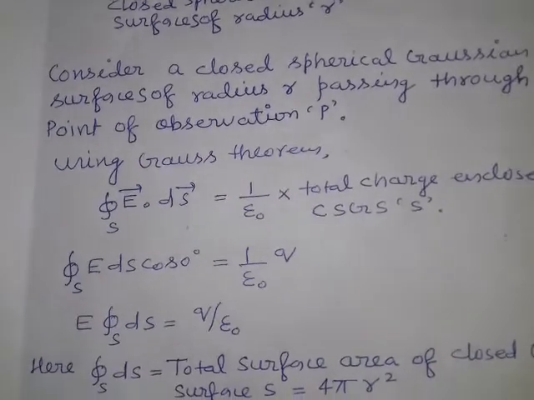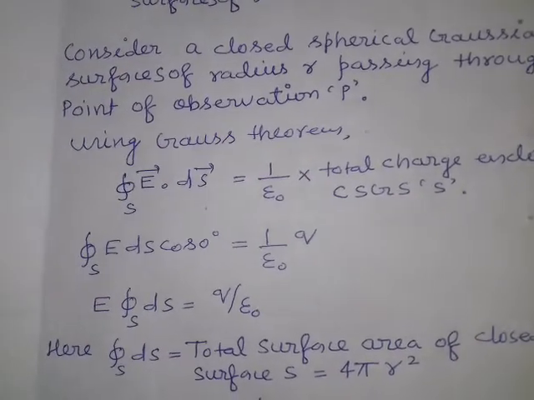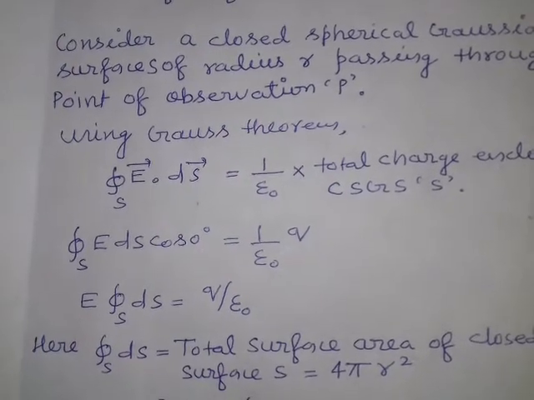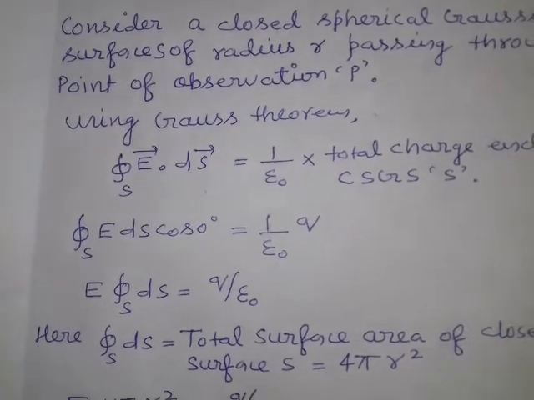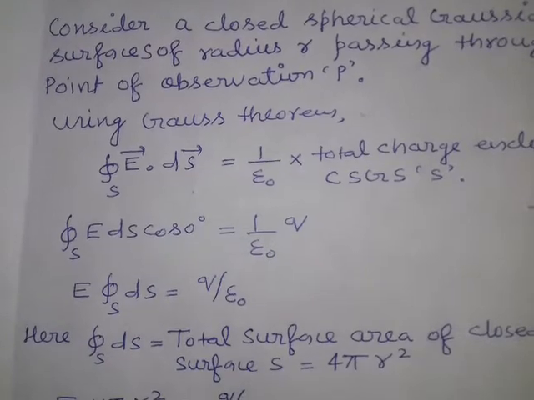So here the integration over the closed surface of E ds cos of the angle between E and ds, which is 0, is equal to 1 upon epsilon naught times q.